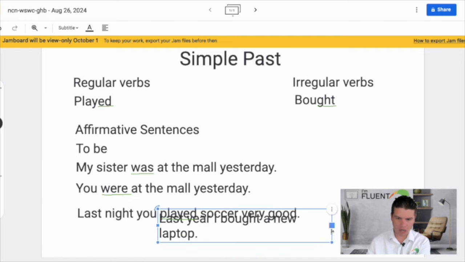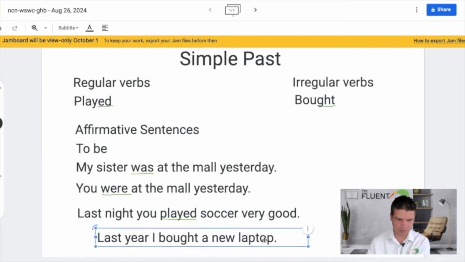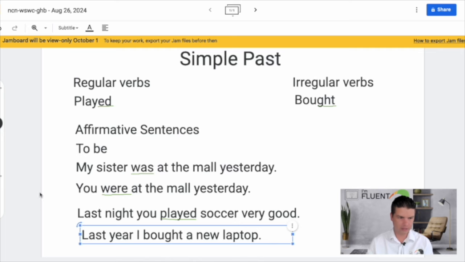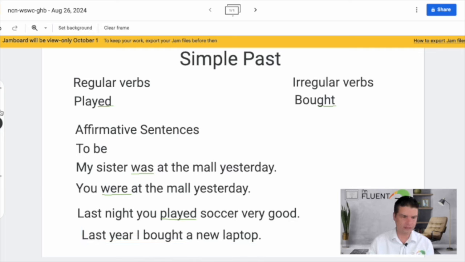Last night I bought a new laptop. So you can see that in the affirmative sentence, we just write the verb in its irregular form because it's bought, it finishes in GHT, and that's the affirmative sentence with an irregular verb in the simple past. I hope this is working for you in order to understand how to approach this tense.